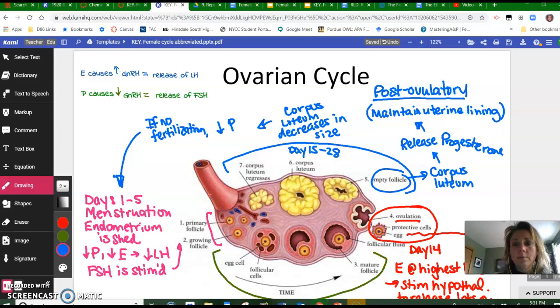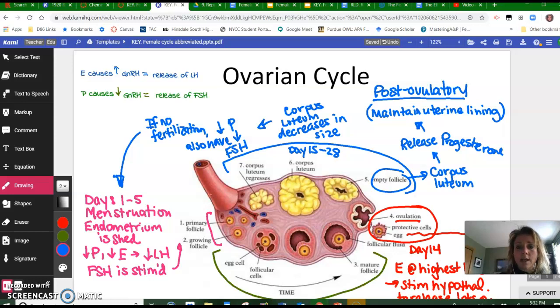And so all the way up until this time, when we've got low amounts of P, that means that we're not going to have a whole lot of FSH being released here. So if we've got low P, then that means that we also have low amounts of FSH.